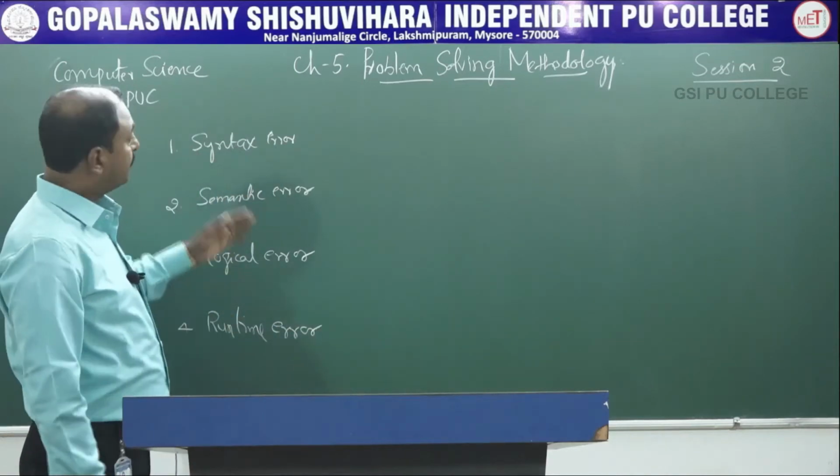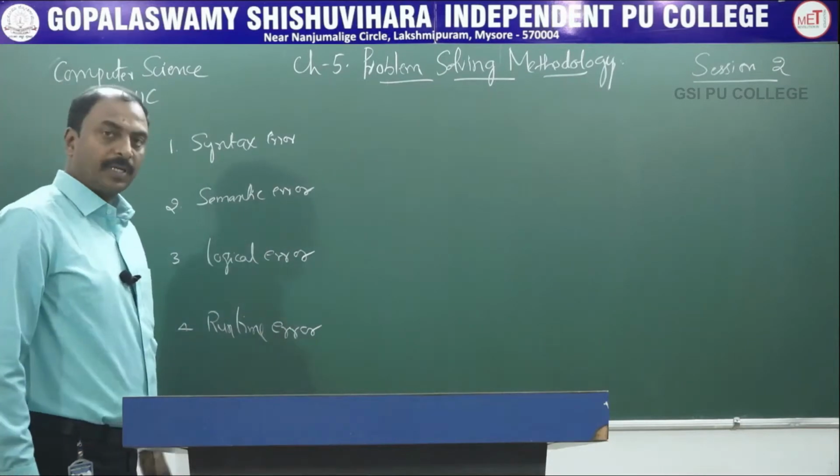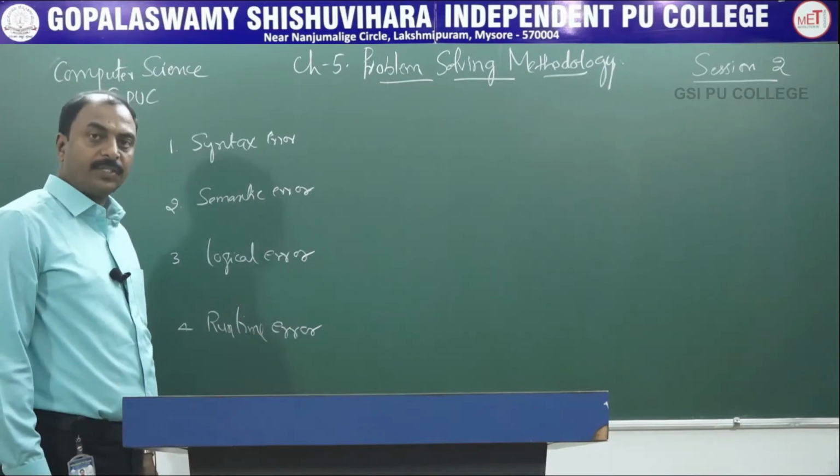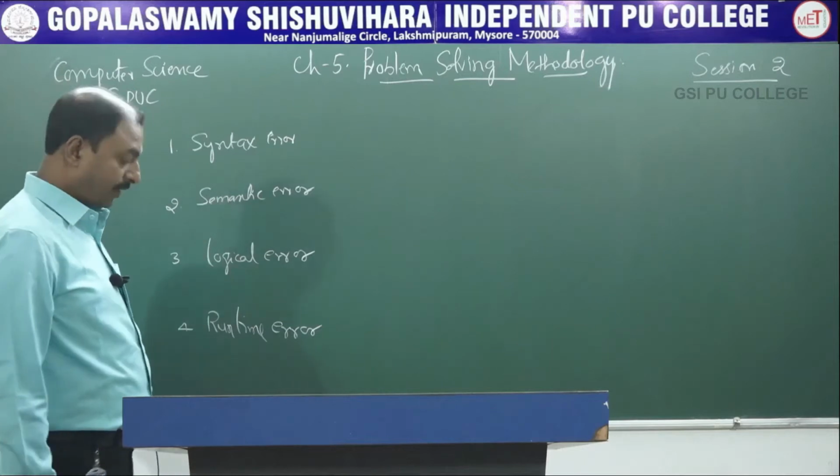There are 4 types of errors in programming. Now let us learn the definitions of all these types of errors.